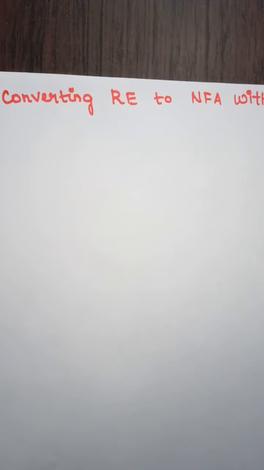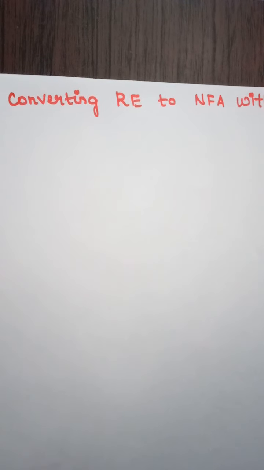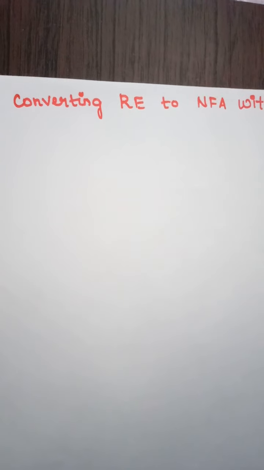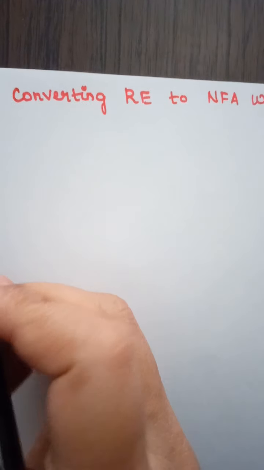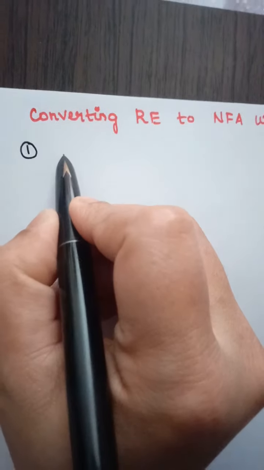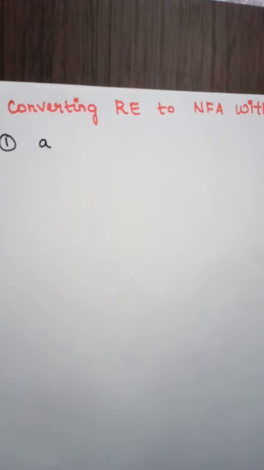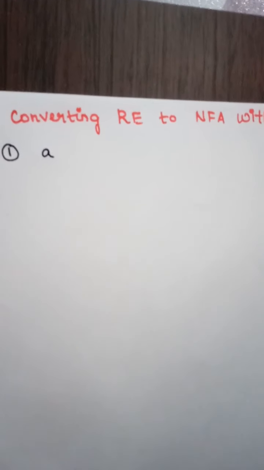As with converting a regular expression to NFA with epsilon move, here also we have certain fundamental things that we need to follow while conversion. The first step is, for example, if the given input is A, then how can we construct the NFA for this input A without epsilon?